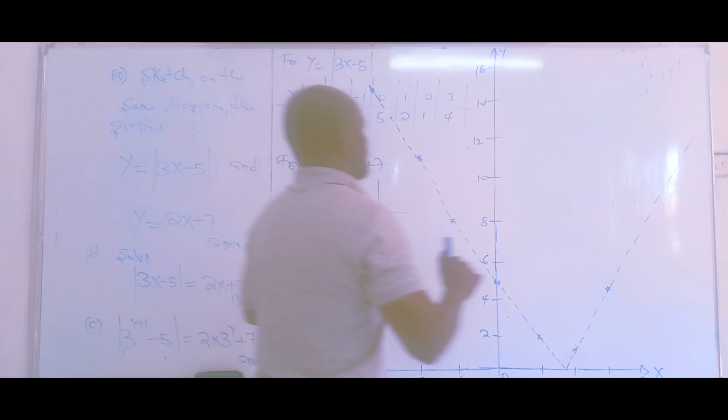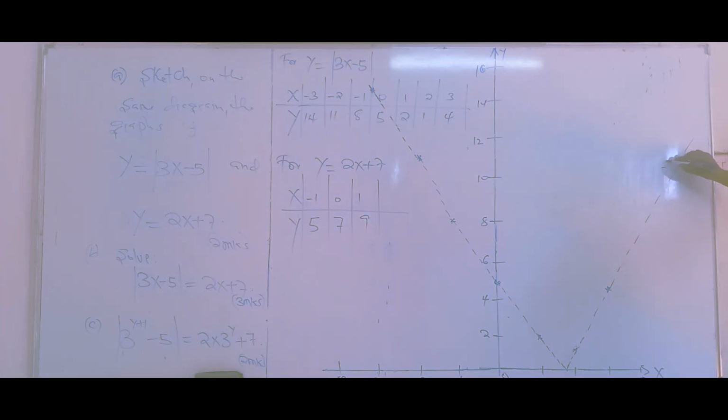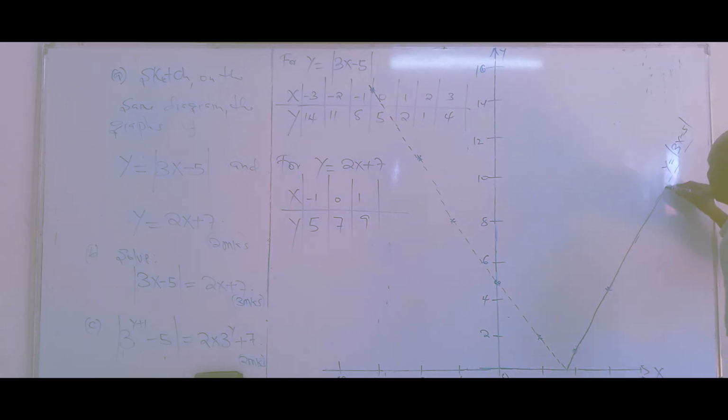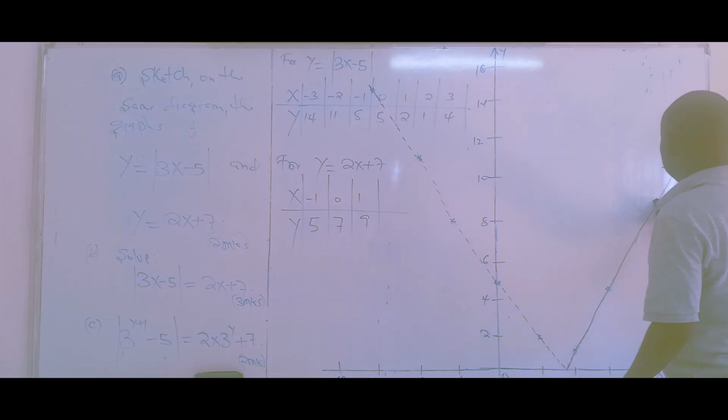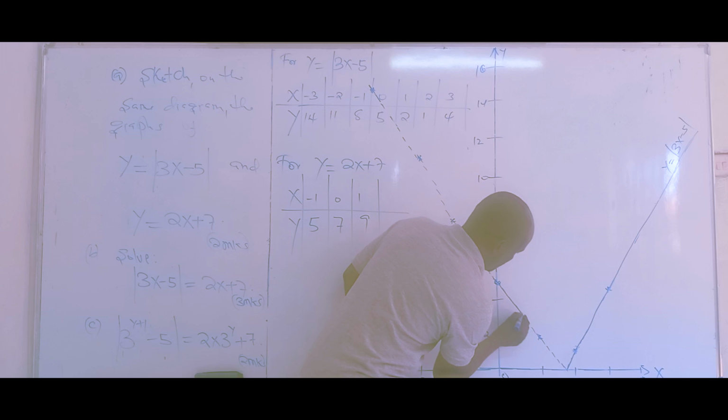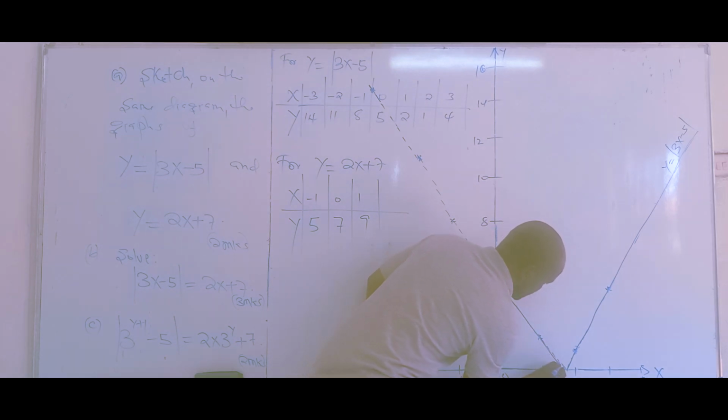That's the line defined by y is equal to 3x minus 5 modulus. I don't know. Let me just try to trace it. Whether it's straight or not, I don't know. But now that's it. That's our line.